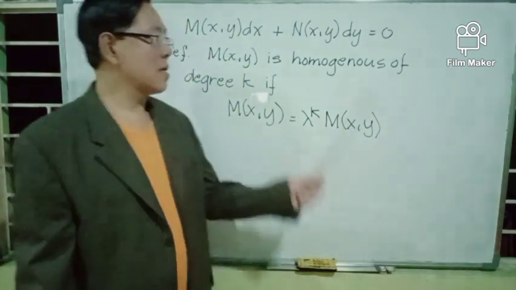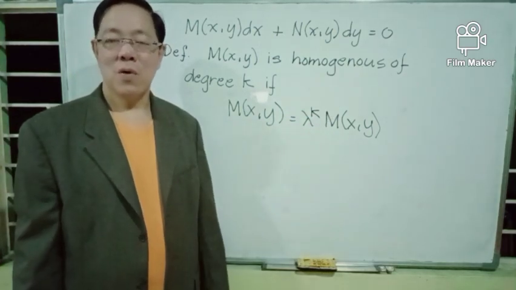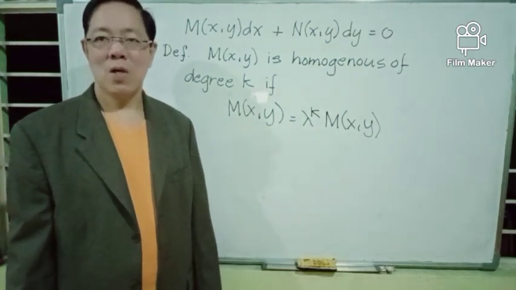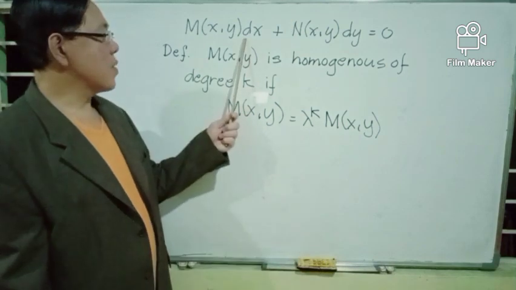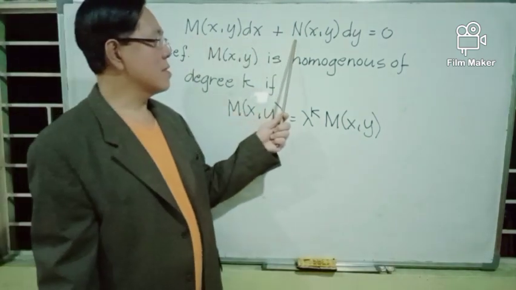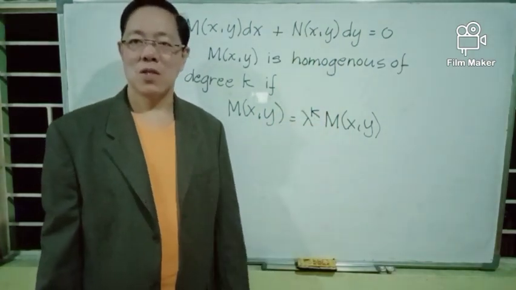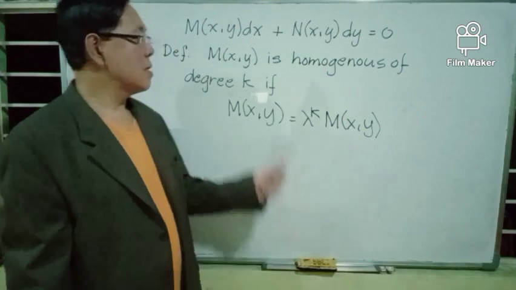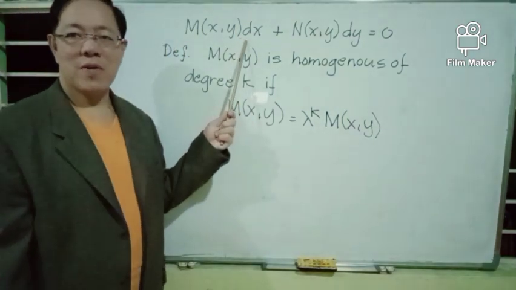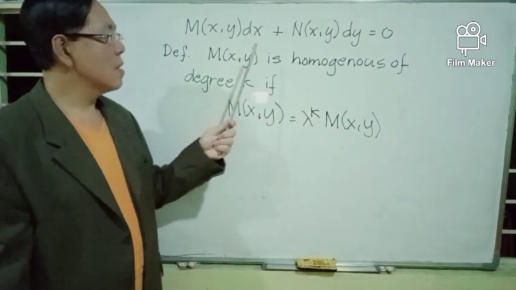Now we say that this differential equation can be solved by the method for differential equation with homogeneous coefficients if the coefficient of dx, M of xy, and the coefficient of dy, N of xy, are homogeneous functions of the same degree. The coefficient of dx, or differential of x, M of xy, is a function of x and y.